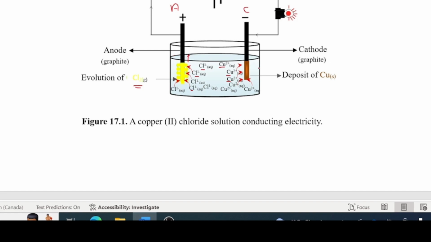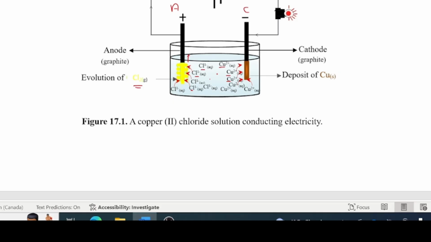Over here now, because millions and trillions of copper ions are deposited here, you get a coating of copper happening here. This is going to continue for a long time because you have lots of ions inside here when you just dissolve a little bit of copper chloride inside there. So it will go on until all these ions here, of course, get depleted.